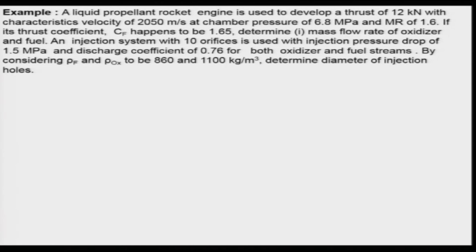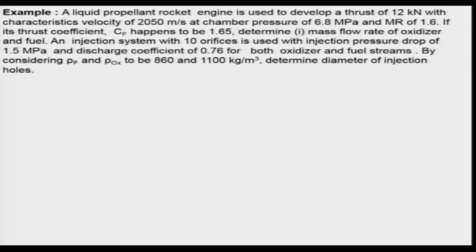If its thrust coefficient happens to be 1.65, determine the mass flow rate of oxidizer and fuel. An injection system with 10 orifices is used with injection pressure drop of 1 megapascal and discharge coefficient of 0.76 for both oxidizer and fuel streams.